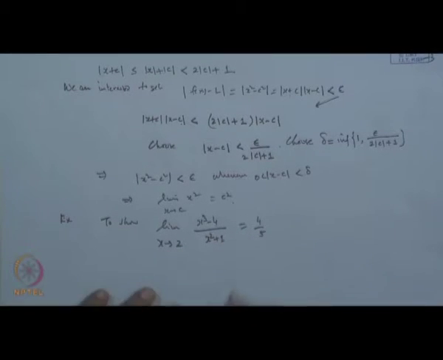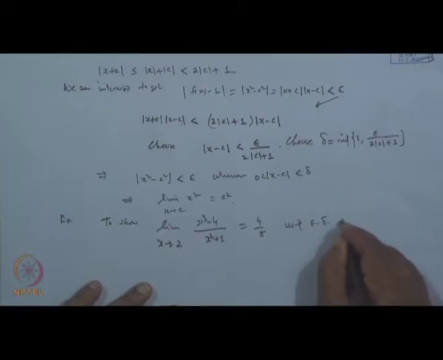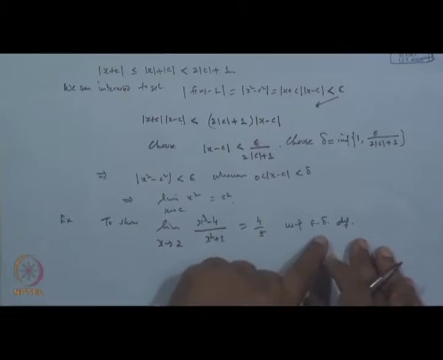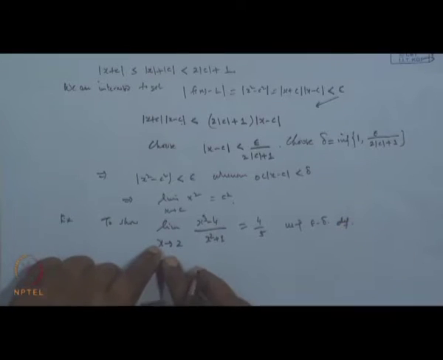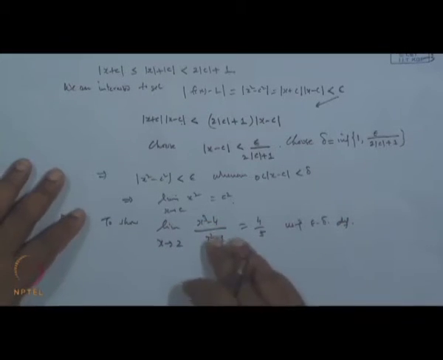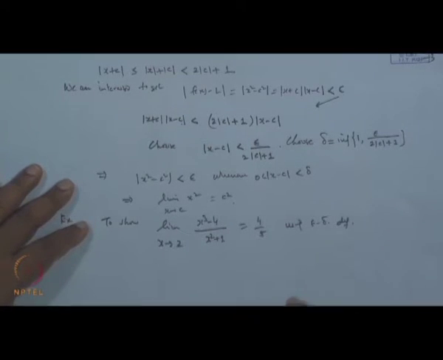Suppose we are interested in showing this using the epsilon delta definition. Since x tends to 2, you can substitute x equal to 2 and get the value easily. But if you are asked to apply the epsilon delta definition, then you have to start with a given epsilon greater than 0 and then suitably identify the delta. That is the thing.